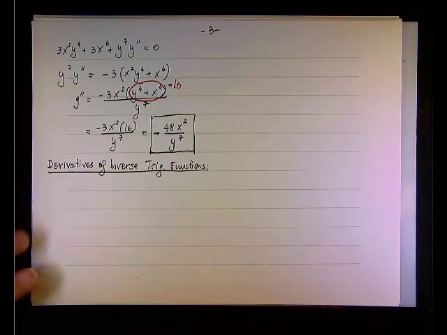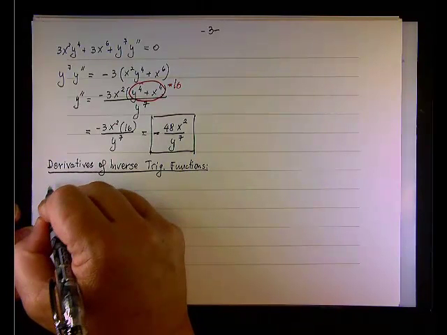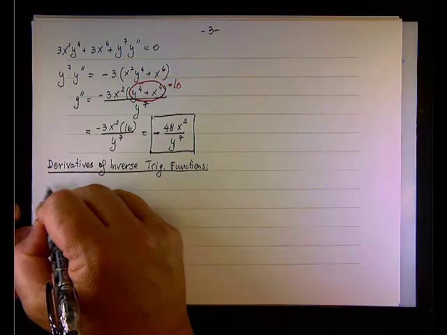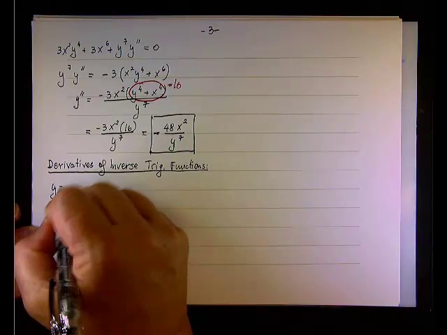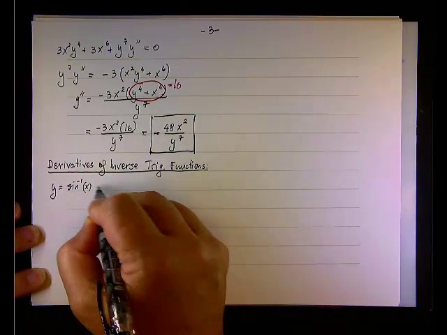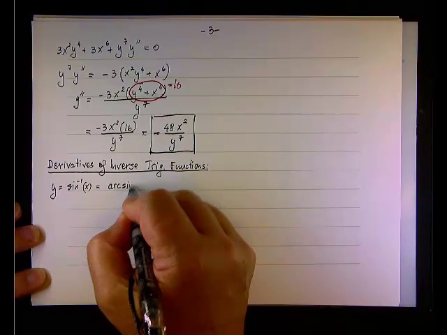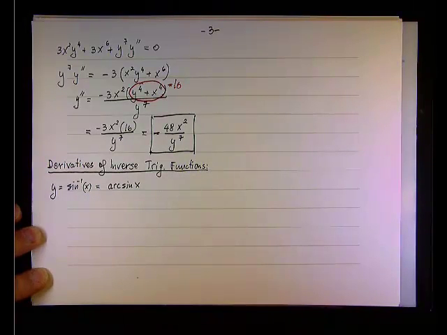All right. So let's start with the inverse sine. We'll start with y equals the inverse sine of x. This is the same as saying y equals the arc sine of x. Okay?